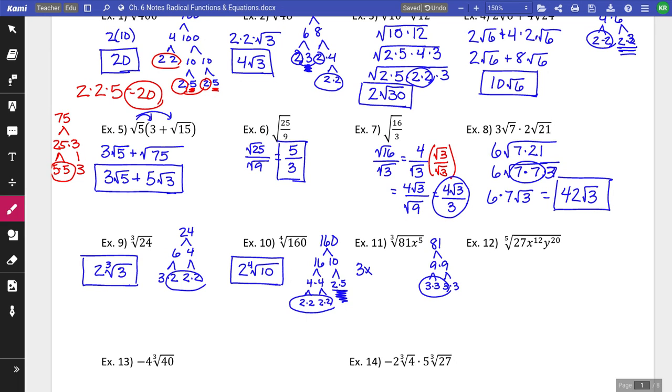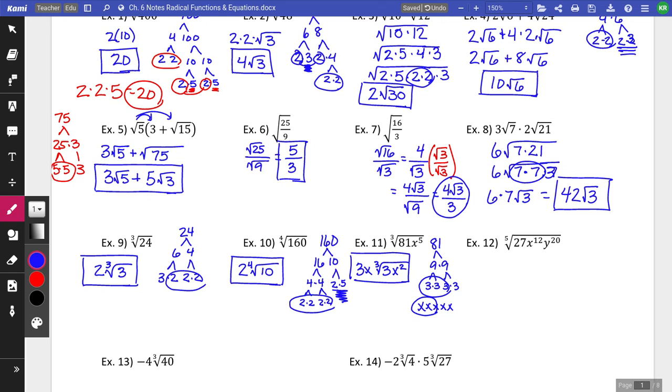So if I take a group of 3 of those x's out, okay, so these 3 are going to make a group, then I've got 2 x's left over. So underneath this root, I have a 3 that was left over, and then I have an x squared. Okay, that 3 right there, that's for my root. That is not an x cubed. Okay, so there you go, 3x, and then cube root of 3x squared.